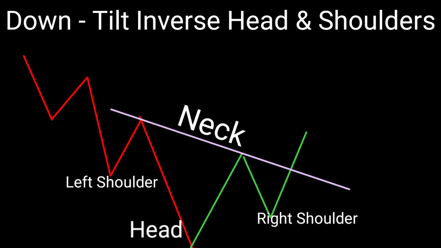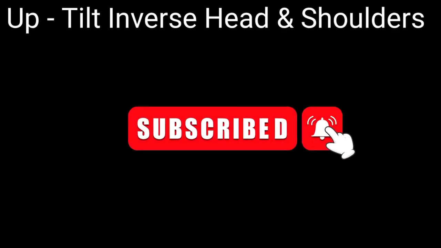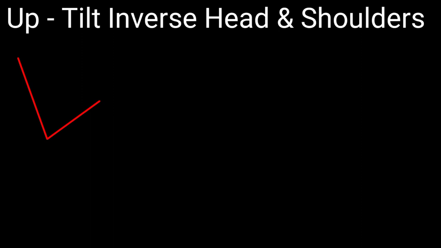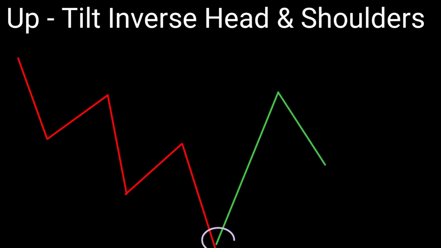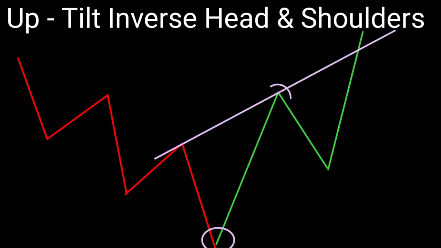The third type of inverse head and shoulder pattern is the up tilt inverse head and shoulder pattern. The up tilt inverse head and shoulder pattern is still in a downward trend making lower lows and lower highs. However, after the most recent lower low, the next high now becomes a higher high, and after the higher high we have another higher low.